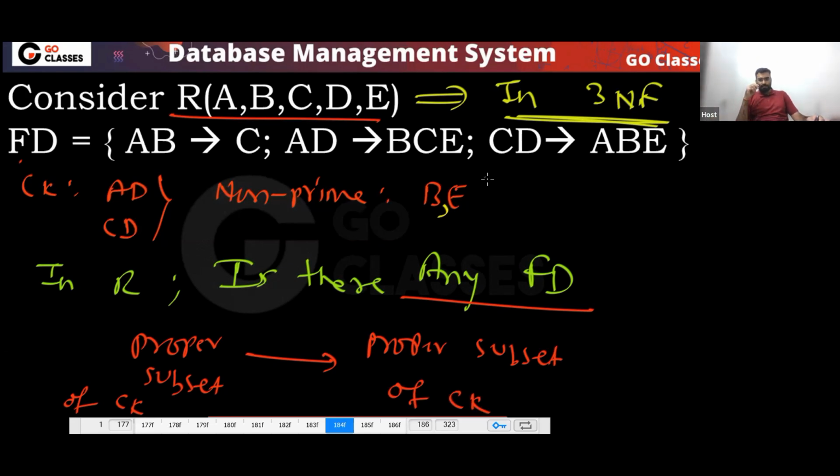Tell me, in this relation, do we have any FD of this form? The proper subsets are A, D, C. The only proper subsets are A, D, C.